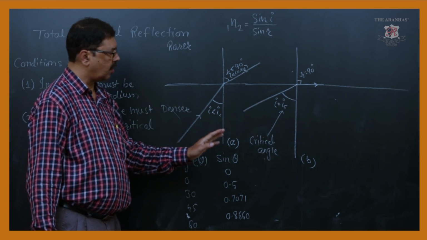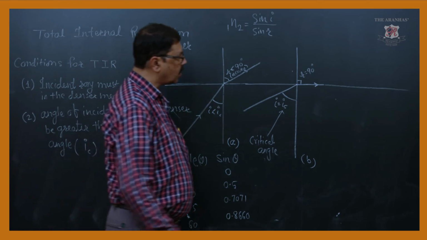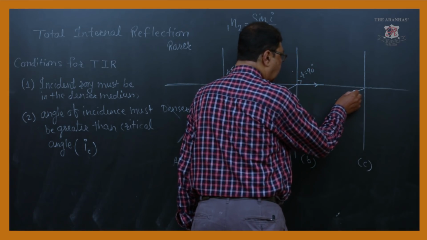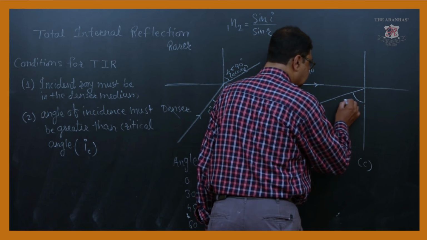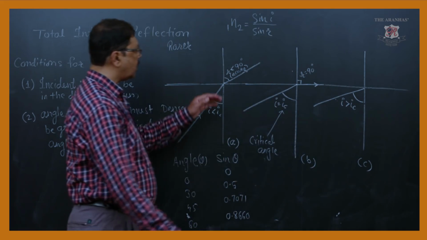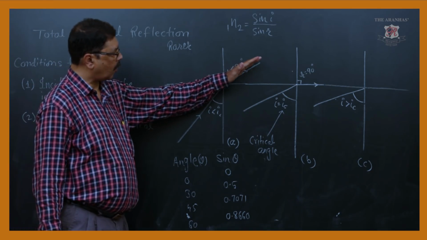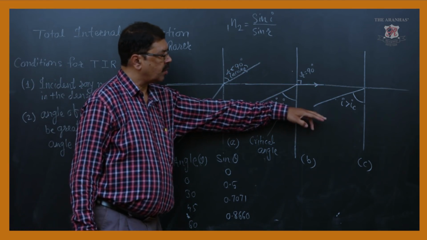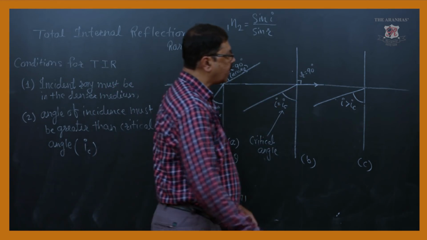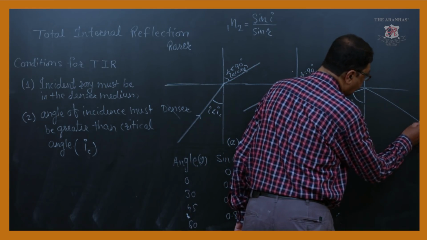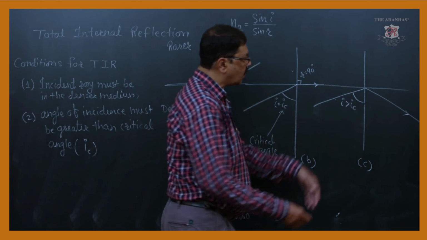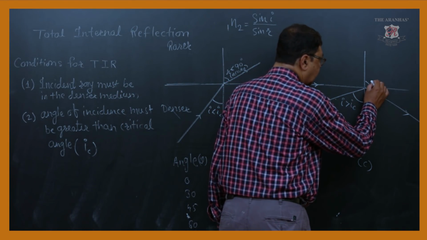90 degree. Suppose I increase the angle further as shown in diagram C, labeling this as I greater than IC. See, initially ray was entering the rarer medium, now it is travelling along the surface. For angle of incidence greater than critical angle, this refracted ray comes back into the denser medium. This is as good as refraction. Here what is the condition?